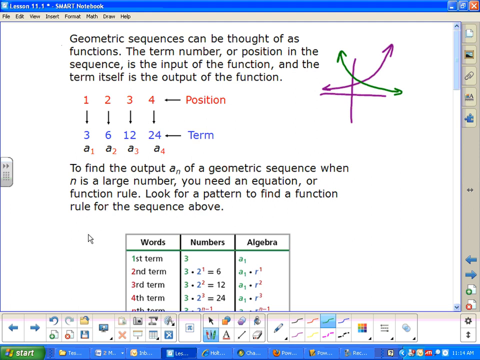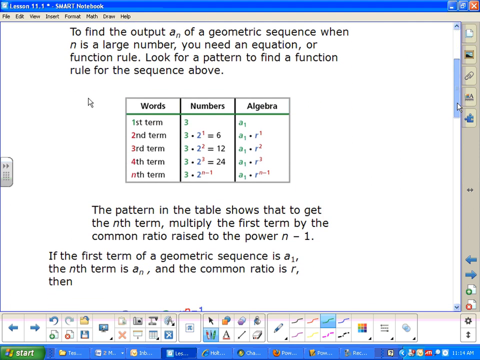Okay. So sometimes we need an equation, which we can write as a function rule. So here they show those terms. Our first term is 3, the second term is 6, third term is 12, fourth term 24, and then they have the nth term. So notice what happens here from one to the next.